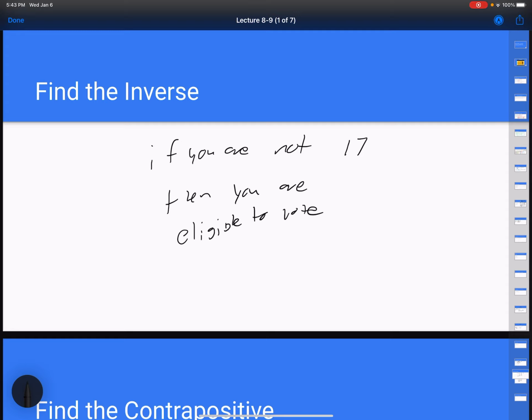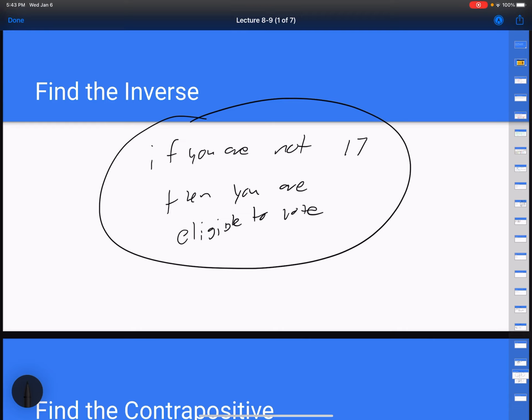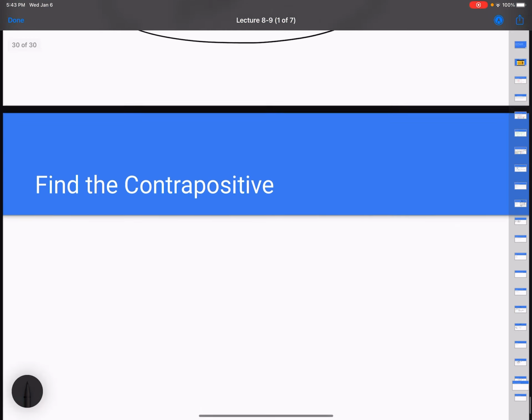And once again, this could be true, could be false, depending on your age. You could be 20 or you could be 4. If you're 4, you can't vote, but if you're 20, you are eligible to vote, so then this statement would be true.